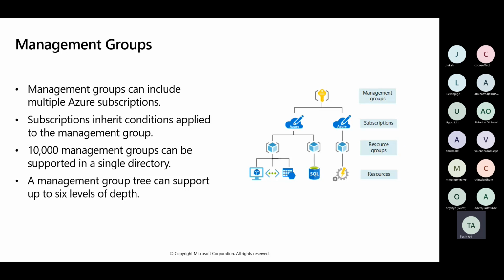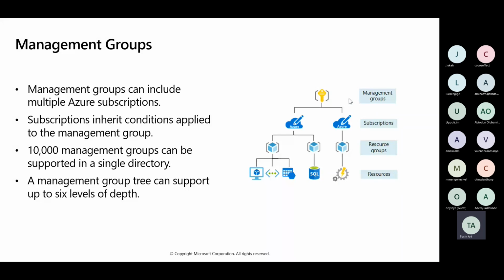So these are the levels that we have in the form of scope. The management group is usually the first, and I've told us that the management group is usually the top in the hierarchy, just like we can see from this diagram. All the subscriptions within the management group automatically inherit their conditions from this management group.